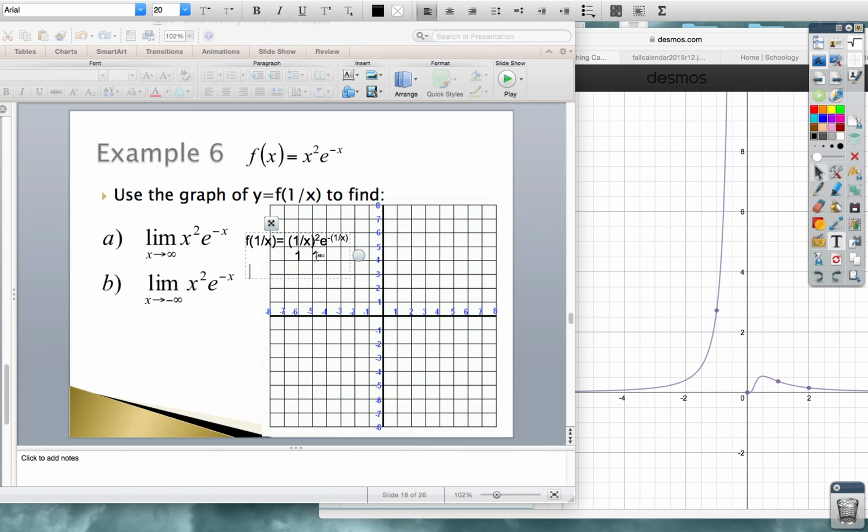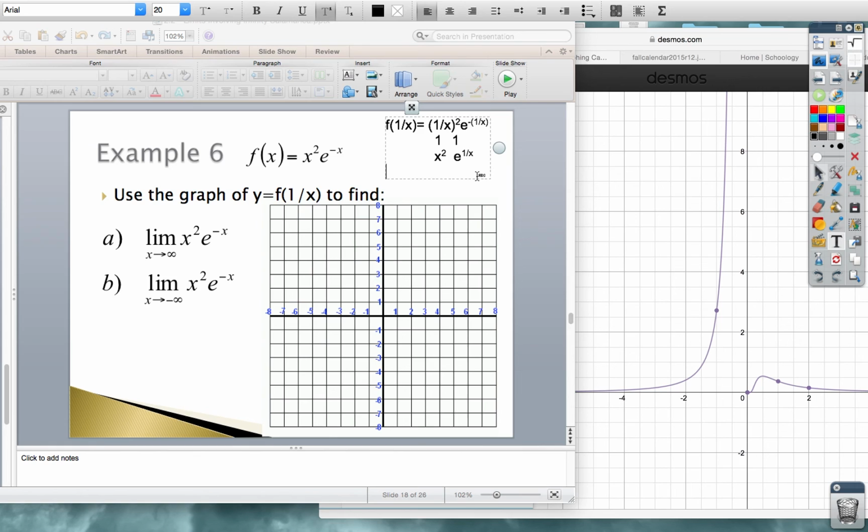So again, because that e has a negative exponent, this is going to be x squared. This is going to be e to the 1 divided by x, like so. So I'm going to move this over here so you can see it a little bit better.